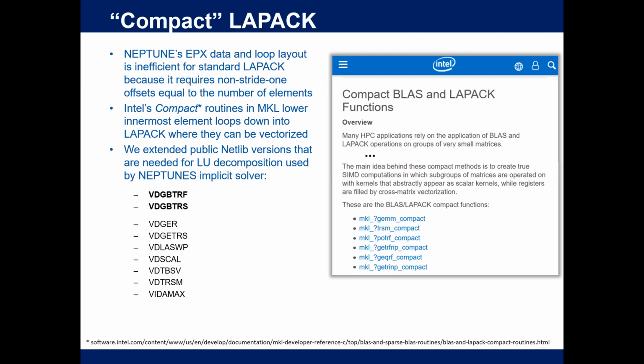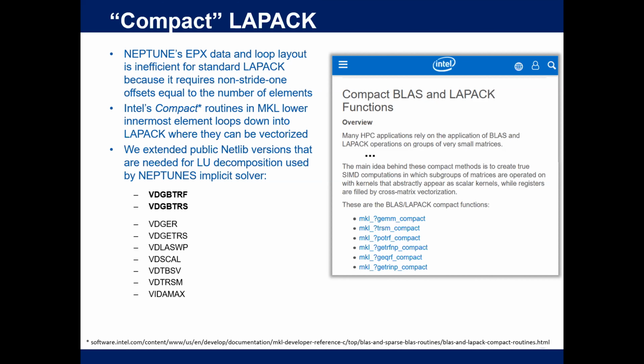Well, that sounds an awful lot like what we did with our element storage. The Neptune's EPX data and loop layout is basically element innermost. We extended the Netlib versions, since we can get source code, for the two routines: DGBTRF actually does the LU decomposition, and DGBTRS does the solve using that decomposition.